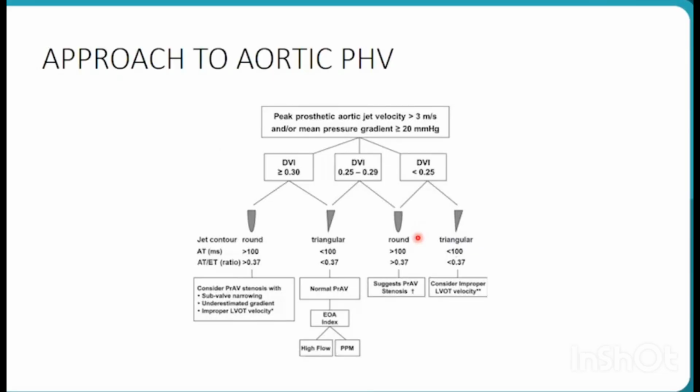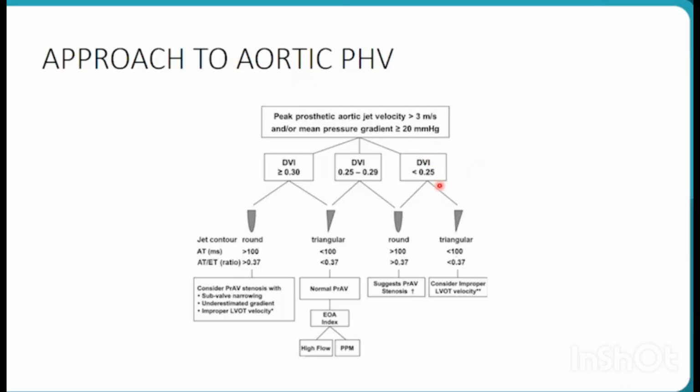As we were discussing, what is the approach? How do we approach a patient who has a high velocity gradient, that is more than 3 meters per second or more than 4 meters per second, and the pressure gradient across the aortic valve is more than 20 mmHg? We first see the DVI.